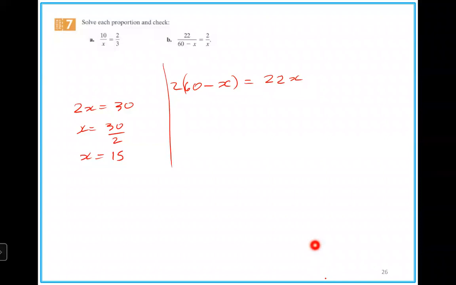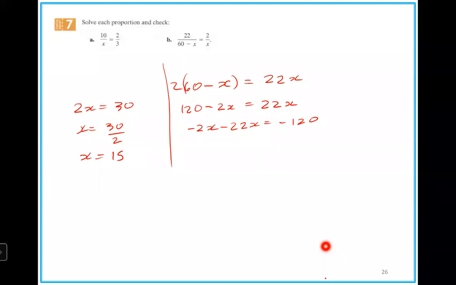And so then we're going to say 2 multiplied by 60, so 120 minus 2x equals 22x. And then we're going to say negative 2x minus 22x is equal to negative 120.